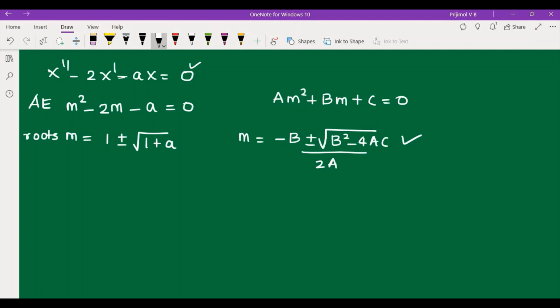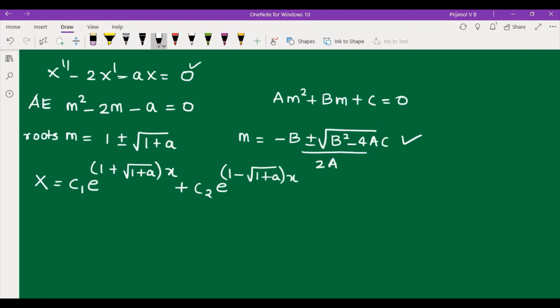Since we are solving for capital X, the solution will be capital X equal to complementary function. Because we have a homogeneous equation, complementary function will be the solution. So C1 e raised to (1 plus root of 1 plus a) into x, small x, plus C2 e raised to (1 minus root of 1 plus a) into x.